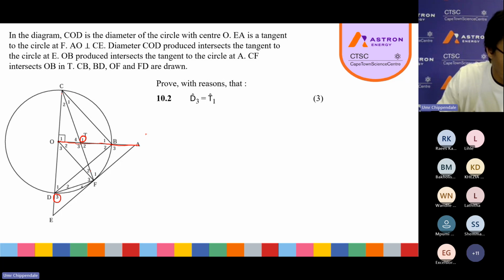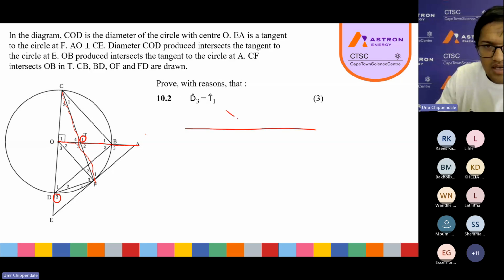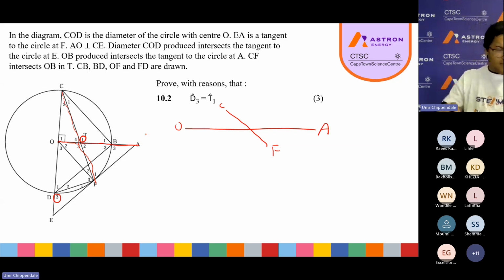We have this particular section here that cuts it, right, as it's moving along. So let's see, where does it actually go? This cuts that particular section, which is line CF, right? So this can be like CF, and this is like OA. Those are what we have over there, right?